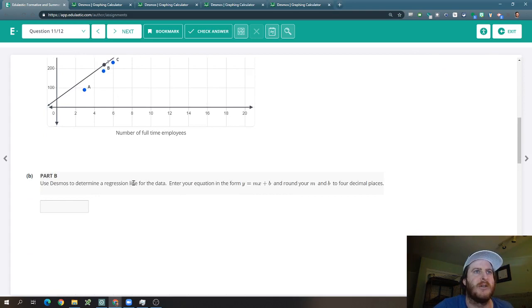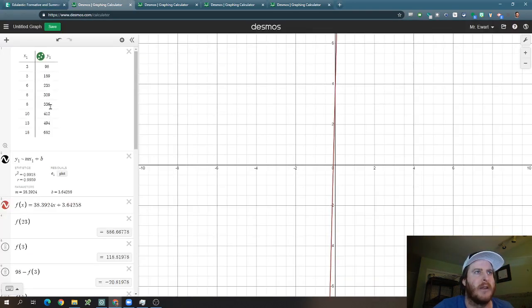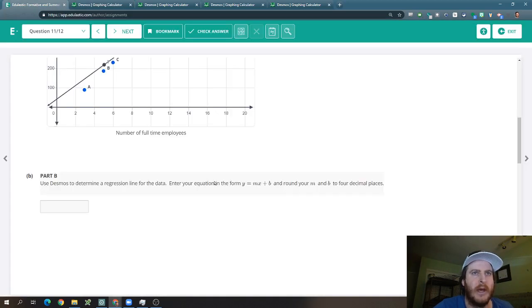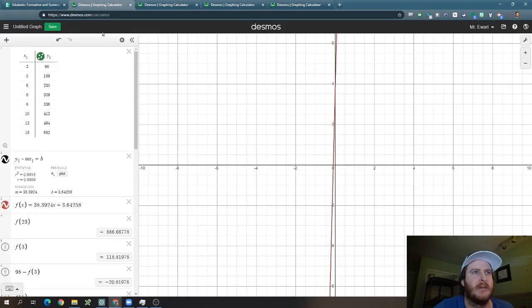Use Desmos to determine a regression line. So we plot all of our points. I've already done that for us. And then we do y1 approximately m x1 plus b. And it says round your m and your b to 4 decimal places.